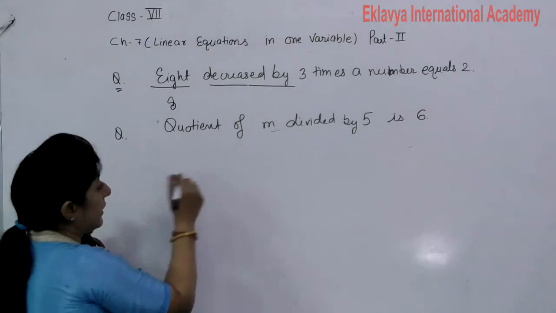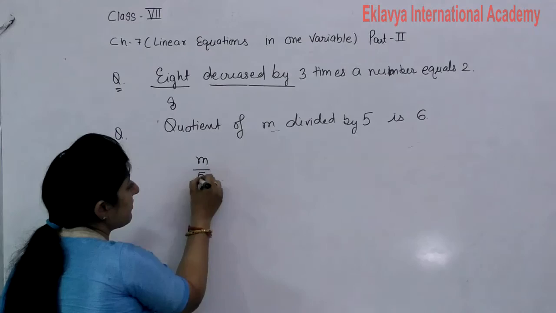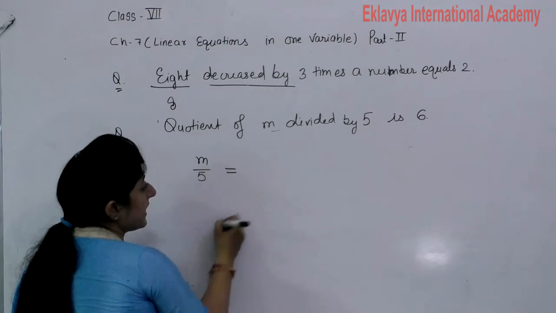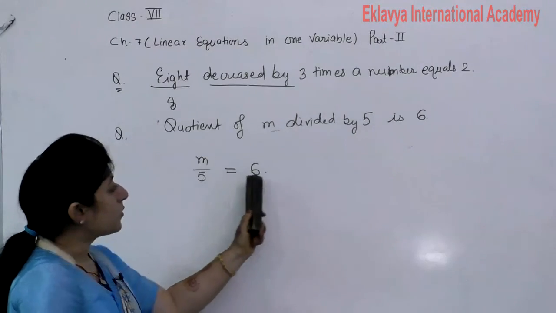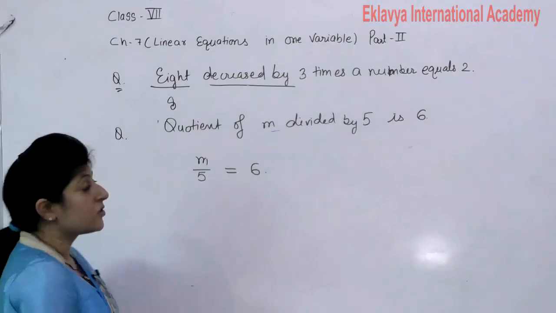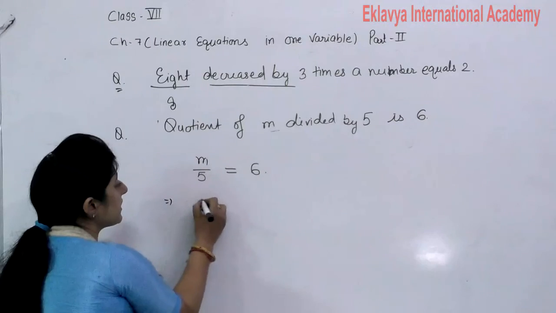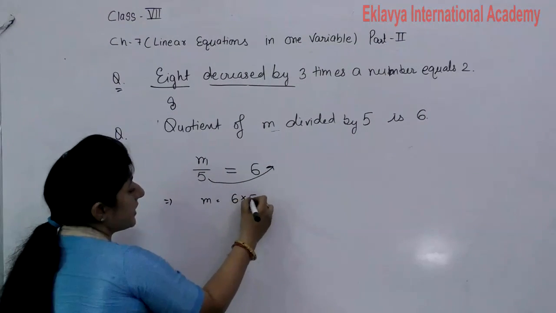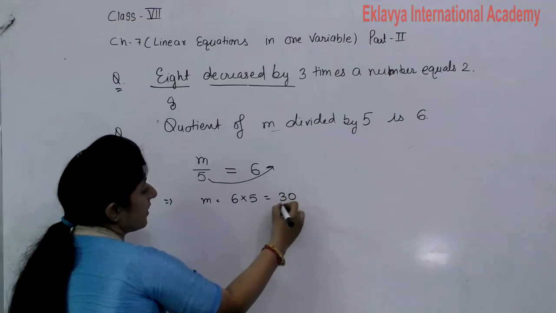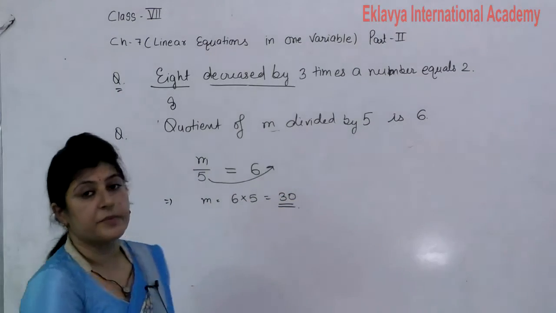It means when you divide m by 5, the quotient is 6, so m by 5 is equal to 6. So what is the value of m? Simple equation. Here it is in division, so it will come in multiplication. Then the value of m is 30.